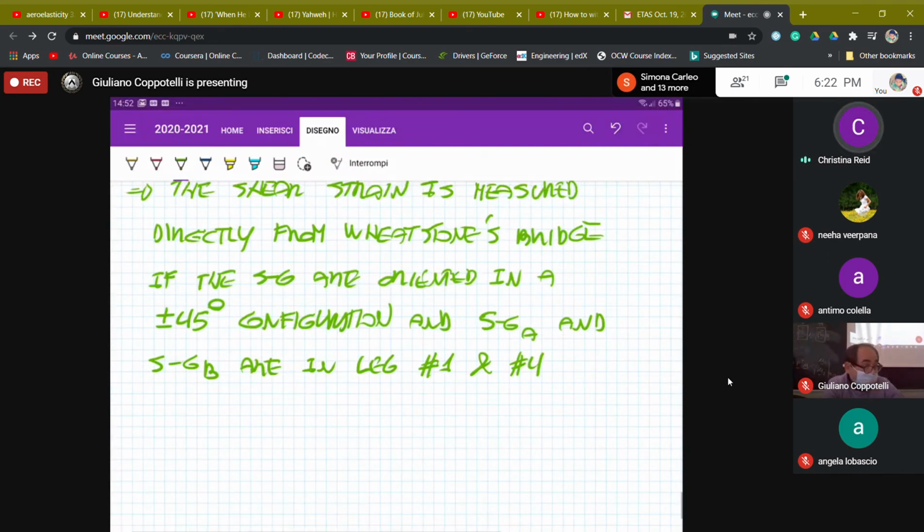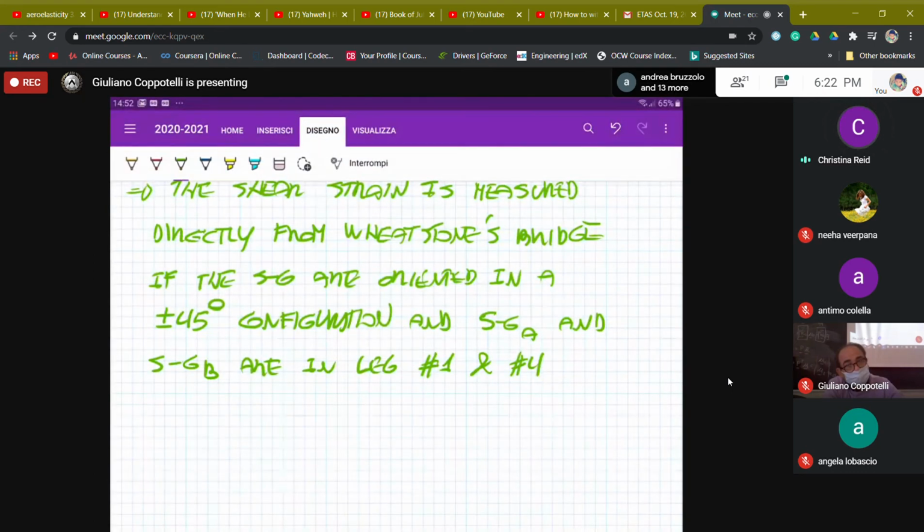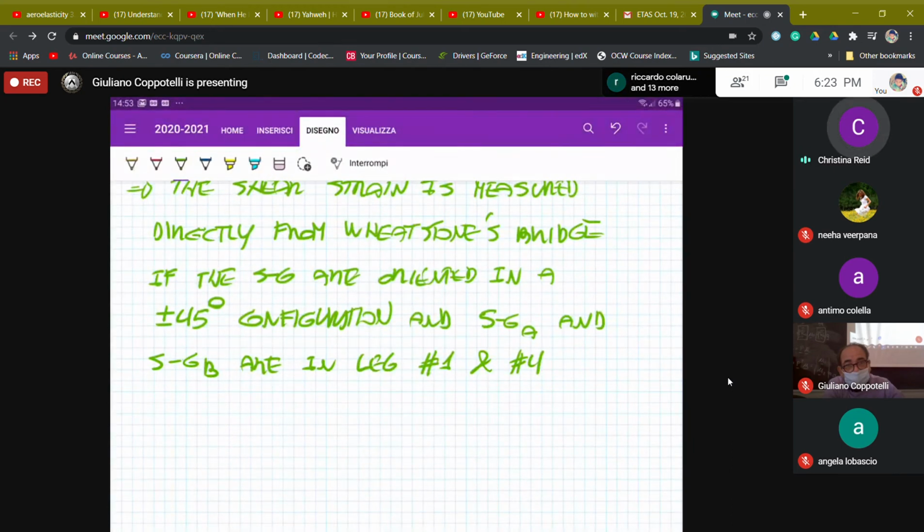What does it say after if the strain gauge, what's the word after? I think and. And strain gauge B. So we got 2 strain gauges, strain gauge A and strain gauge B are in leg 1 and 4 of the Wheatstone bridge.